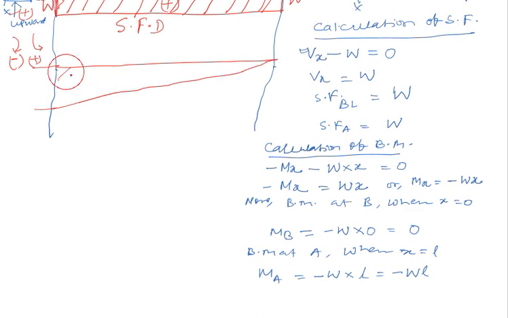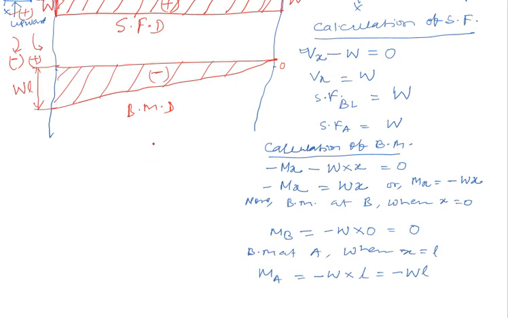This is a triangle. This is the BMD, and the value of bending moment at A is minus WL, and here the bending moment is 0, correct?